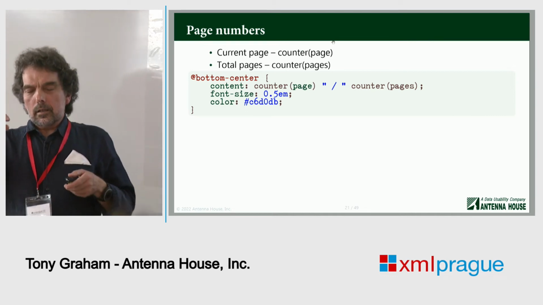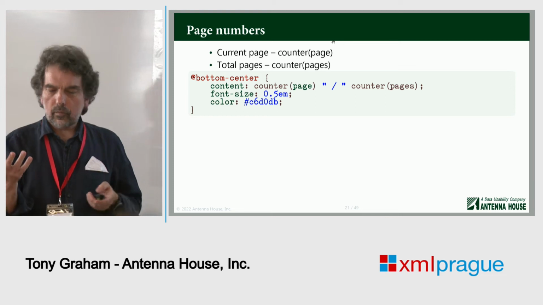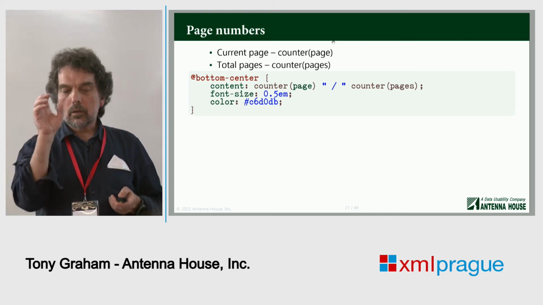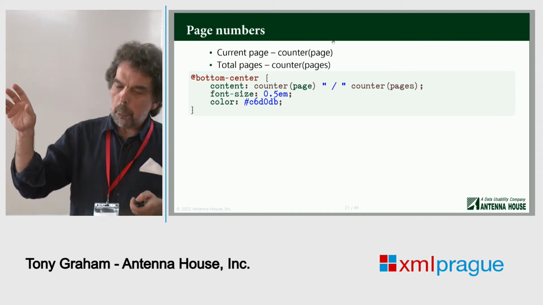So as I mentioned previously, CSS has counters, including predefined ones for the current page and for the total number of pages in the document.